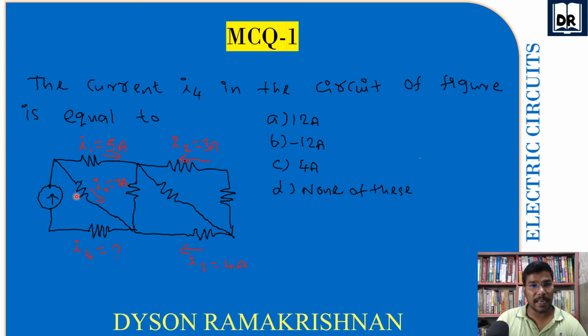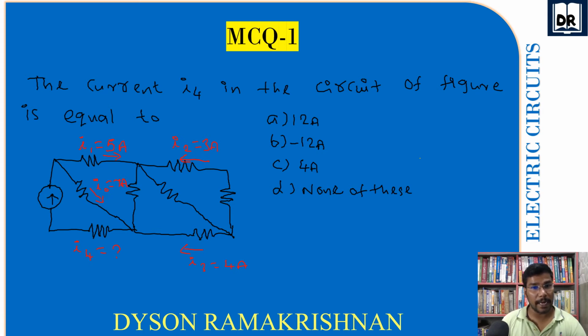We can calculate it by means of Kirchhoff's current law, KCL. Which node do we have to take? First of all, kindly look at the circuit very closely, then only you can solve it easily. Here they are asking about I4, so we can take this node or this node.